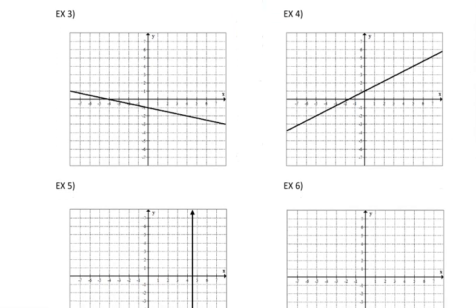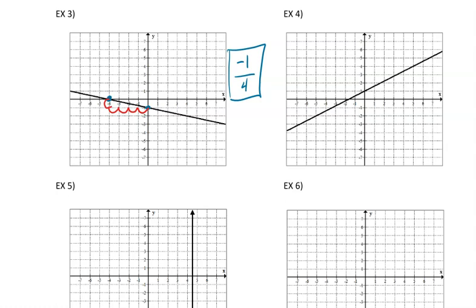All right, number 3. If I pick 2 points, say (-4, 0) and (0, -1), then again, left to right, we'd have to go down 1. Then we have to go over 1, 2, 3, 4. That's our slope.